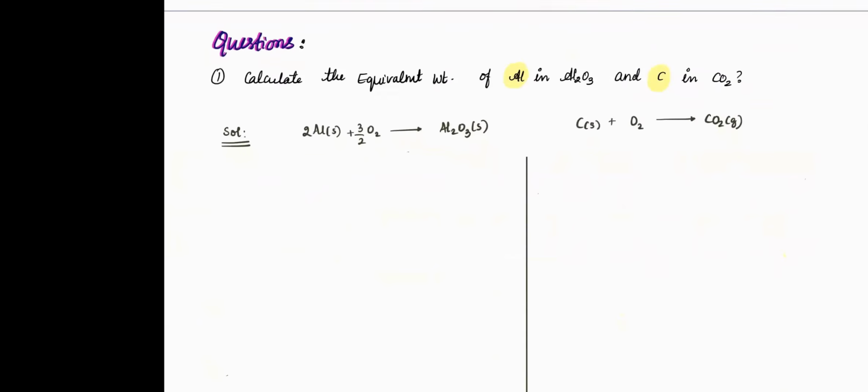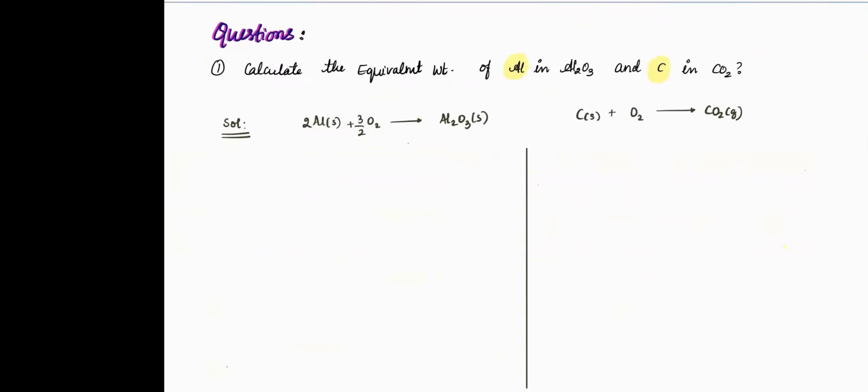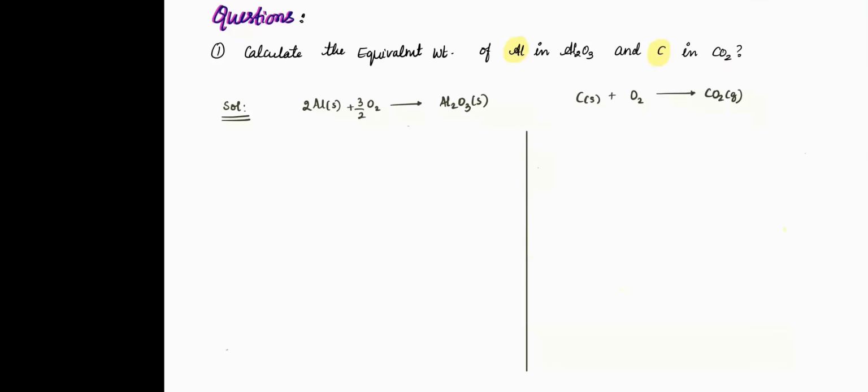Now see, if I want to calculate the equivalent weight of aluminum in Al2O3 and carbon in CO2, as per the chemical equation, what do I do? Check. Two aluminum is in an elemental state, so oxidation state is 0.